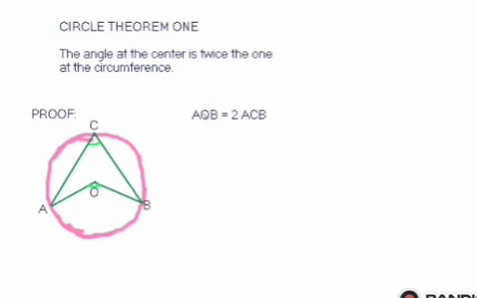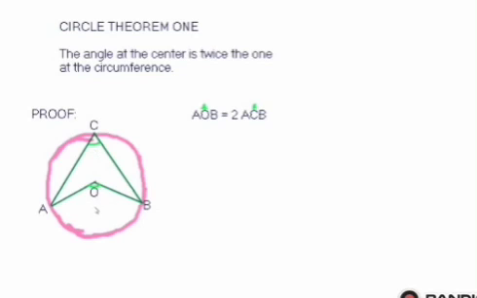If you look at this, you see that the angles are at O and C. So let us label the angles. The angles are at O and at C. So we go on to prove this.